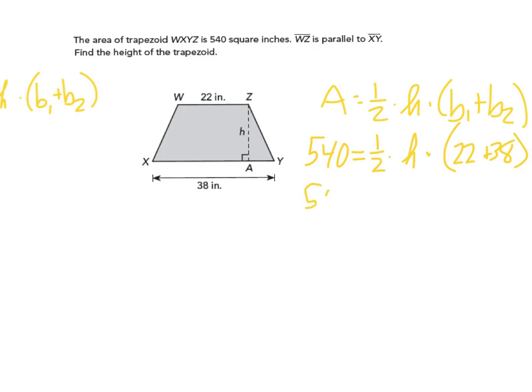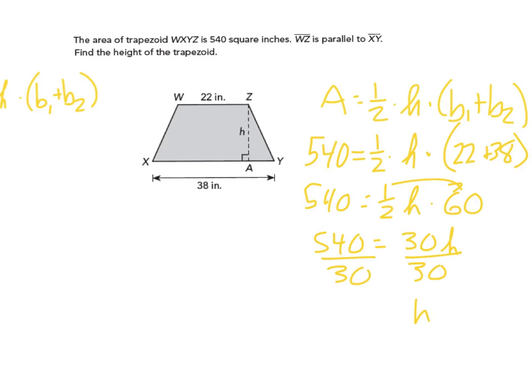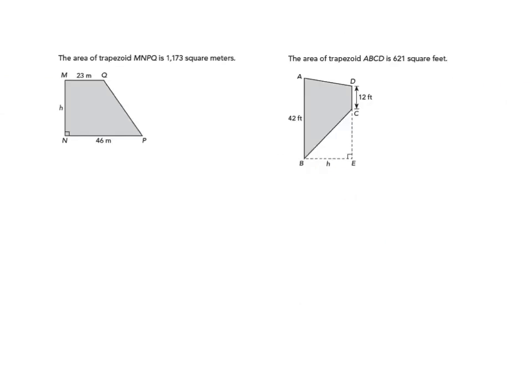So 540 is equal to half of the height times the sum of the bases, which is 60. Half of 60, again, is 30. And if I divide both sides by 30, I get that the height ends up being 18 inches. Try these two, see if you can find the height.